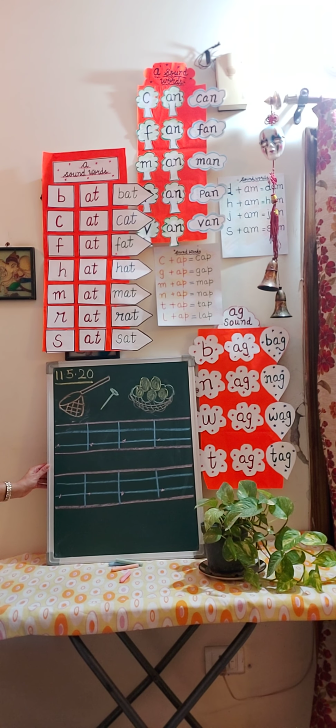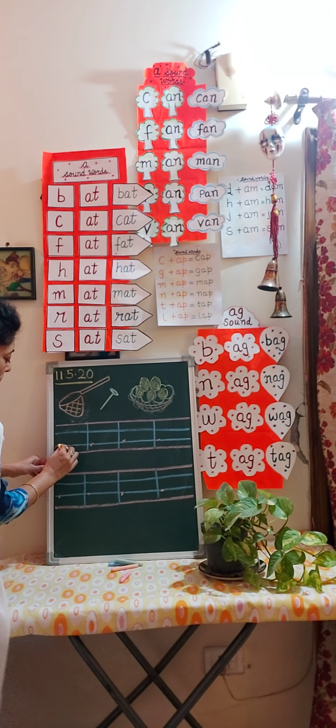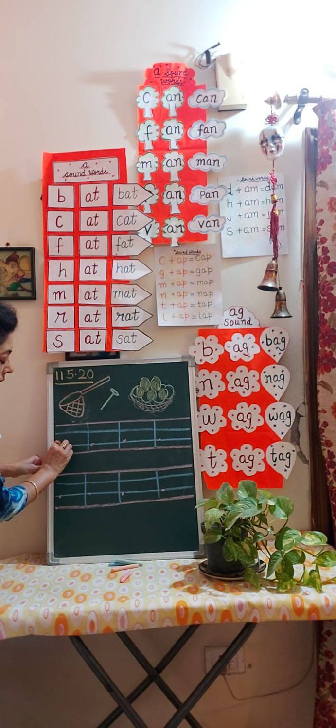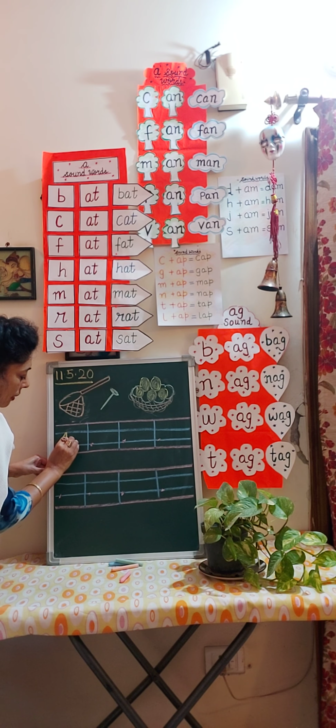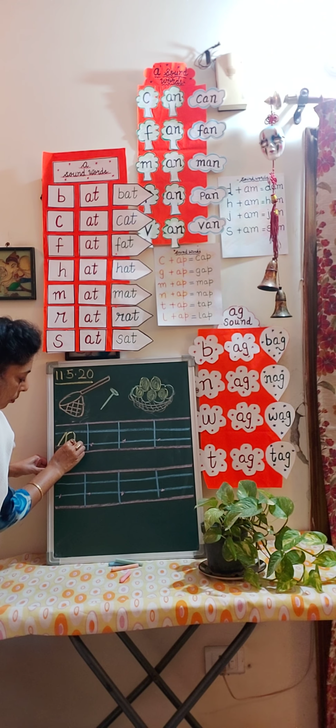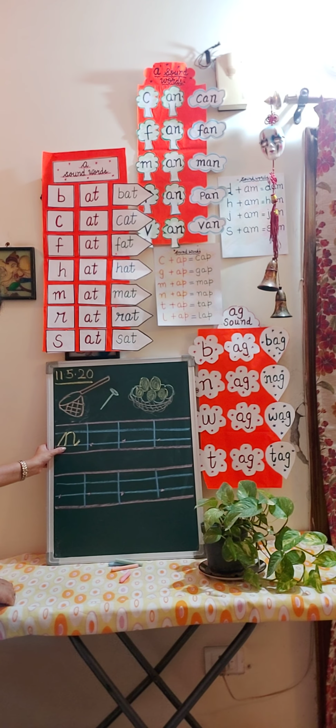Keep the sharp pencil on the dot, starting from the dot, slant up, down. Then from the same line go up, turn down and tick. This is the formation of N.